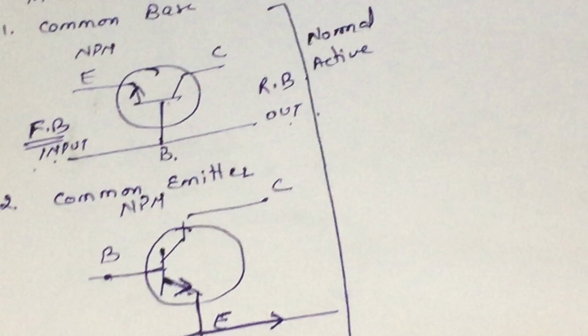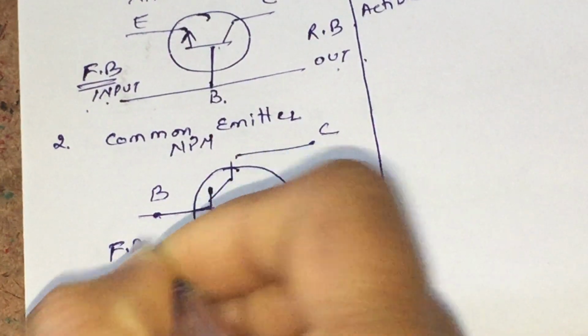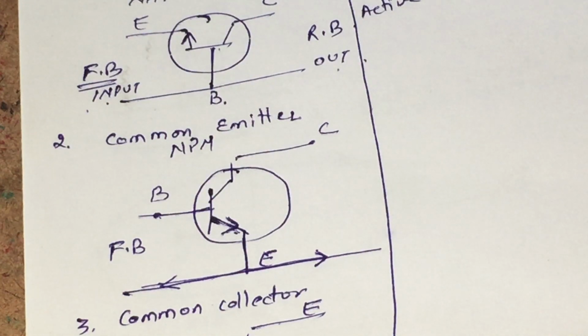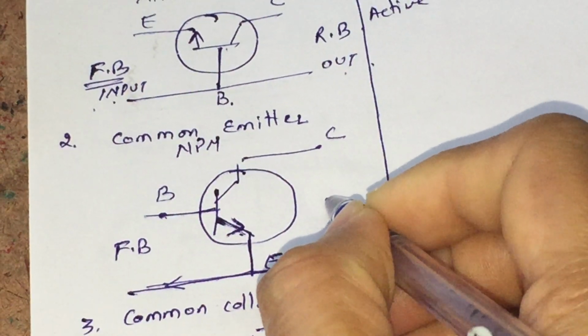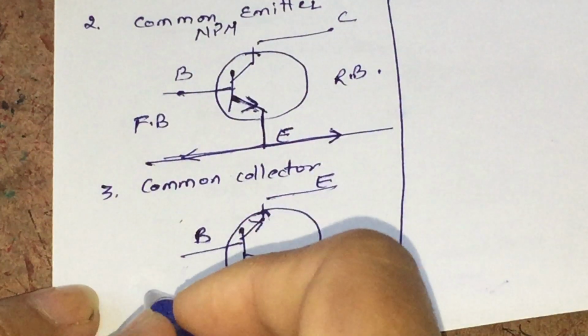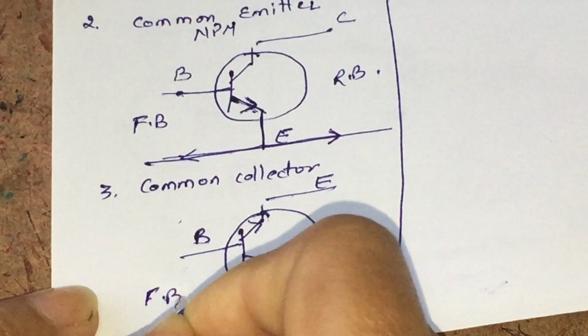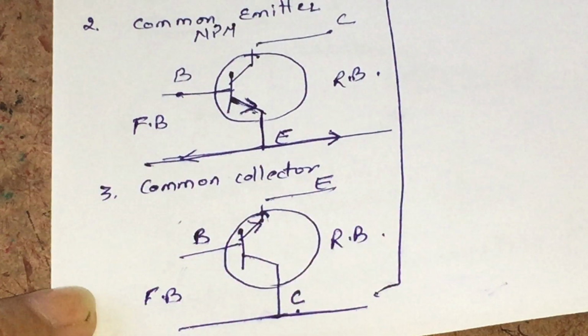Hence, in common emitter configuration also, the input side should be forward biased so that the transistor can work as an amplifier or as an oscillator, and the output side should be reverse biased. Similarly, for the third configuration also, the input side should be forward biased and the output side should be reverse biased.